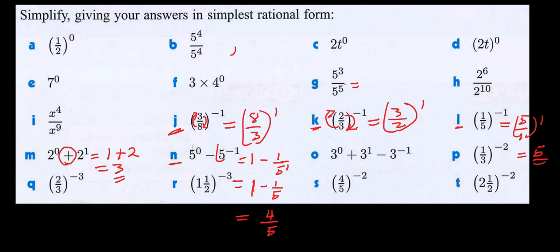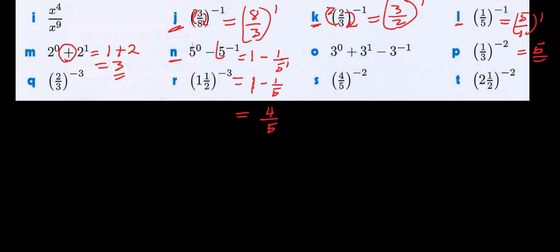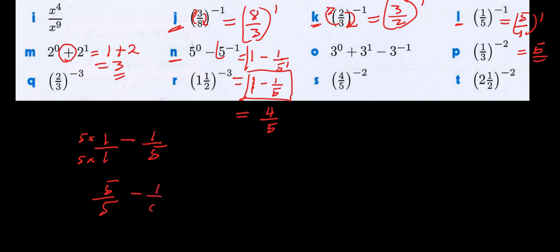But if you want to go into details on how you can generate this 4 over 5, then we have to write it this way. We started from here, so this will be 1 minus 1 over 5. So just make this a fraction, 1 over 1 is 1. So now we need to find the common denominator. So multiply the numerator by 5 and also multiply the denominator by 5. So this will be 5 over 5 minus 1 over 5.